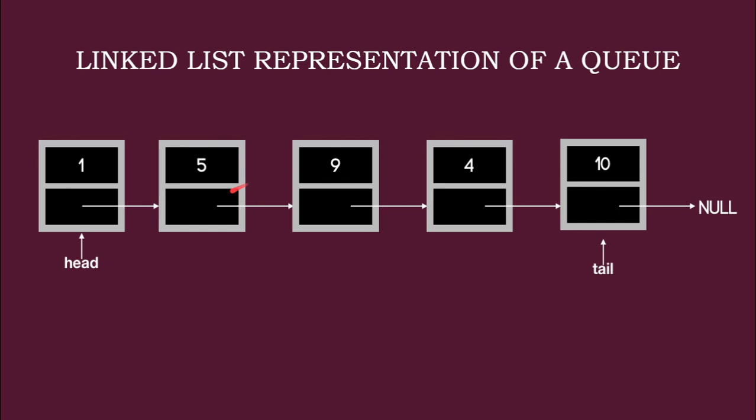So successively 5 points to 9, 9 points to 4, 4 points to 10, and 10 points to null. If nothing is pointed to, that is the tail pointer, and initially the head is the head pointer. So this is how the queue is represented using the linked list concept.